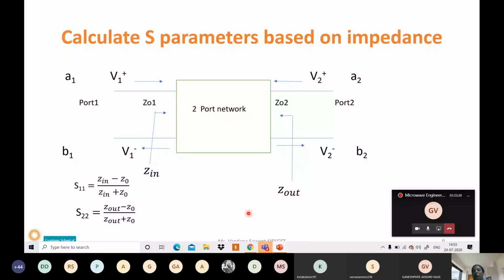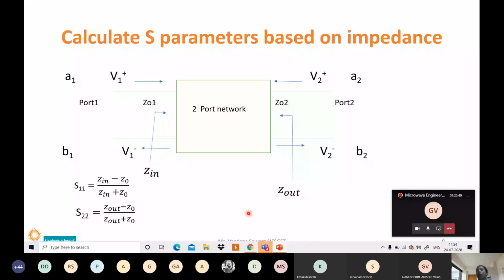Many times in the sums they will give some values. So first listen to me and then you ask. Many times there are some values given in the sum. They may give you the values A1, B1, A2, B2. If A1, B1, A2, B2 are given, you can use the formula based upon A1, B1, A2, B2.